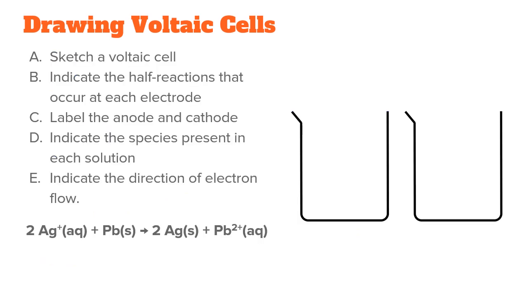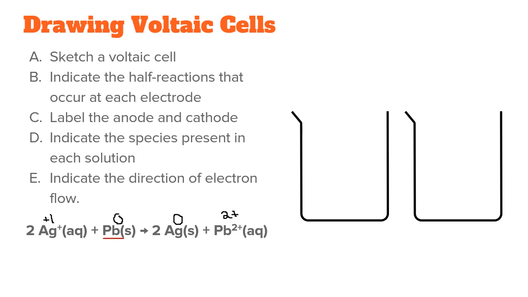So for this first example, we're going to start by sketching the cell and figuring out what the half reactions are. So like usual, we're going to start by looking at our oxidation numbers. We have silver with a +1, elemental lead with 0, and then in the product side, elemental silver and lead 2+. So we see that lead is being oxidized.